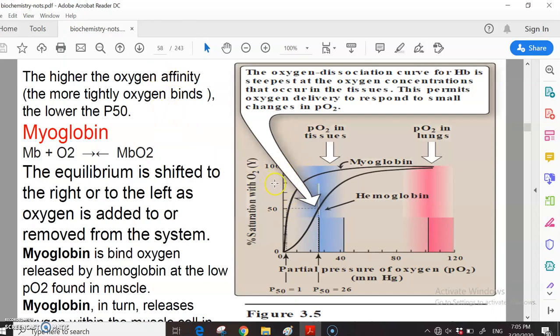Its affinity is high with myoglobin، بينما with hemoglobin بتكون أقل من ذلك. فلو أخذنا for example 15% of saturation for myoglobin, it is at low pressure, but for hemoglobin it needs high pressure.